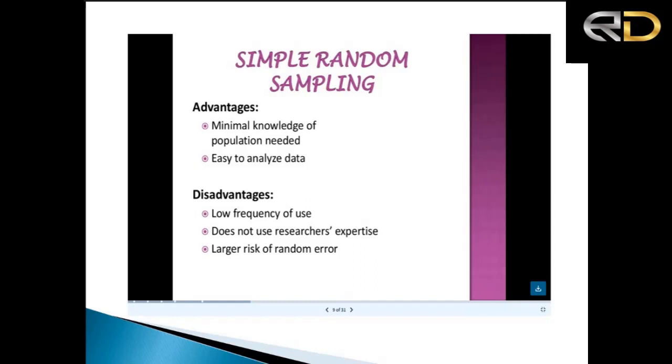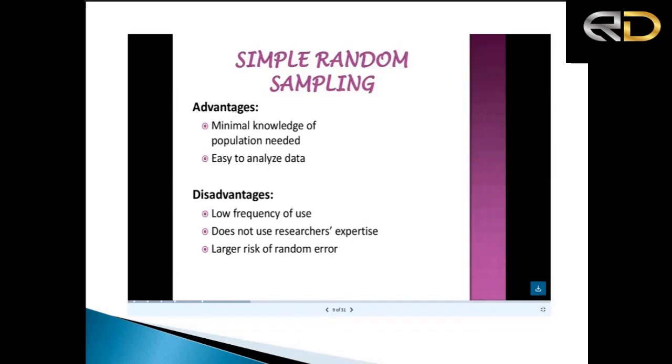And what is the disadvantage? That low frequency of use, because every time we don't get a homogeneous population, so it is very rarely used. And it does not use the researcher's expertise, because here there is no need of expertise, or even if expertise is needed, we don't use it because we see that the population is homogeneous, so we randomly select the units into the sample from the population till the required sample size is obtained.